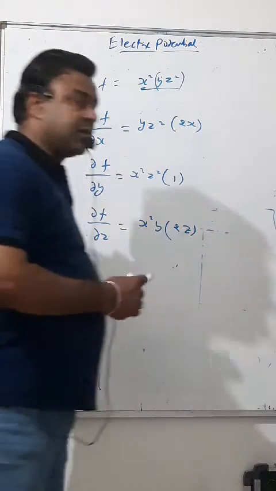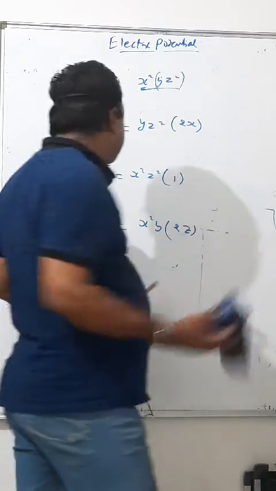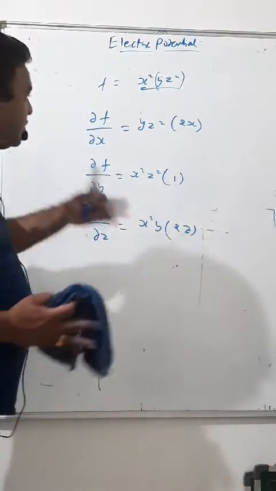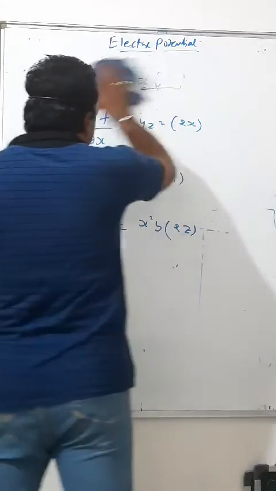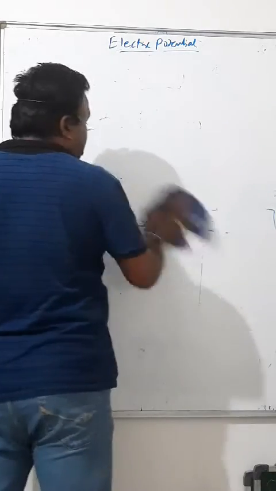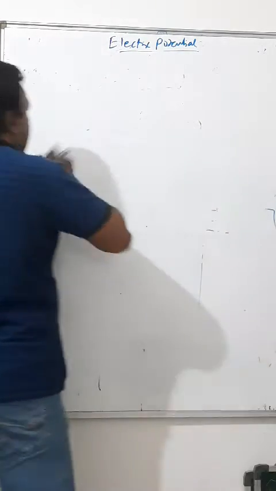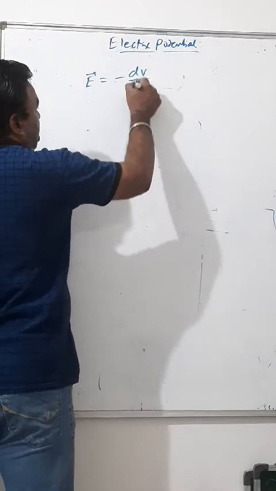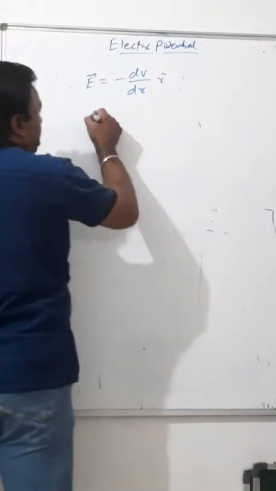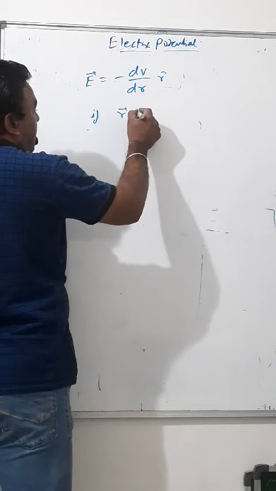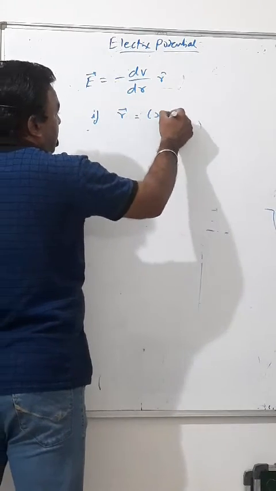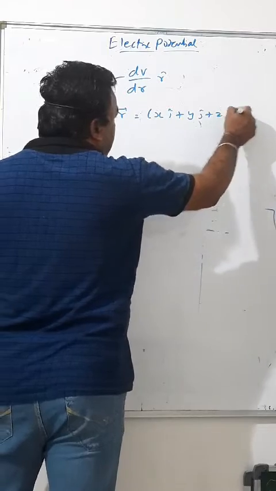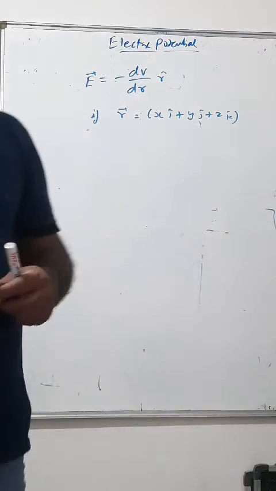Now the same thing is done in case of the electric field and potential relation if it goes in 3 dimensions. Up here we have written E is equal to minus of dV by dr r cap. If r is equal to x i cap plus y j cap plus z k cap, now what to do with this?